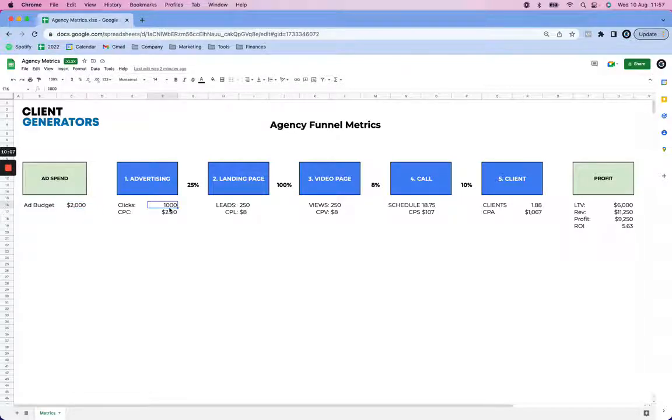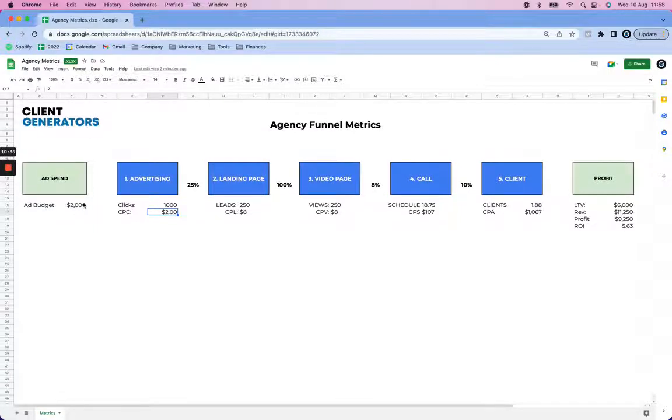Depending on the platform, the offer and the niche, again, these numbers can fluctuate a tiny bit. Let's say the average cost per click on the platform is $2. That means you're going to get 1,000 clicks for $2,000 in ad spend. $2,000 spent, 1,000 clicks means the cost per click was $2.